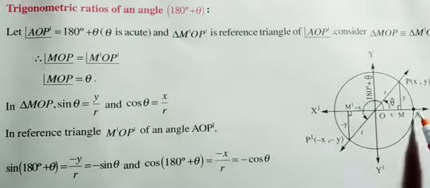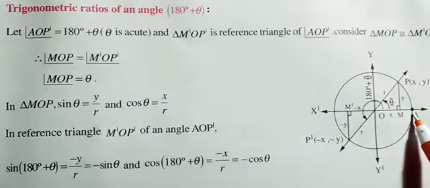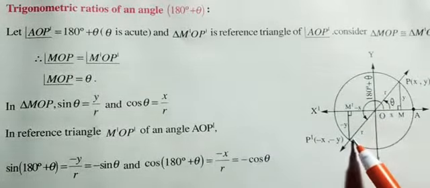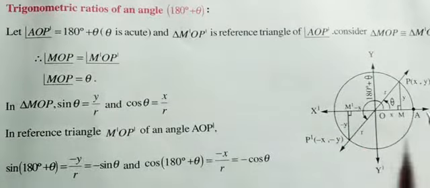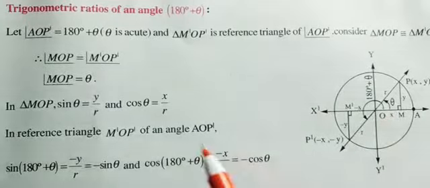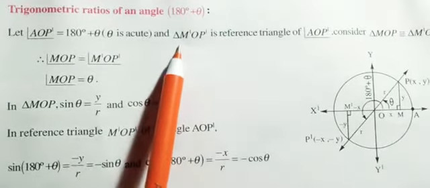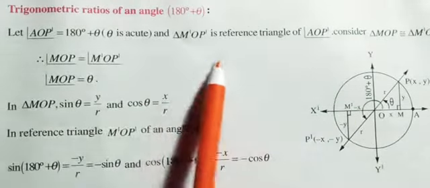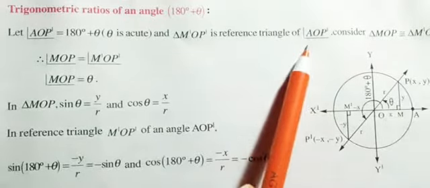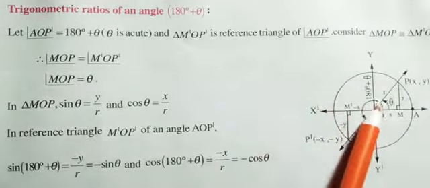So what is my angle? My angle is this angle, that is AOP dash, this arc. Here also AOP dash is equal to 180 plus theta, and M dash OP is the reference triangle of angle AOP dash, considering this is congruent to this.